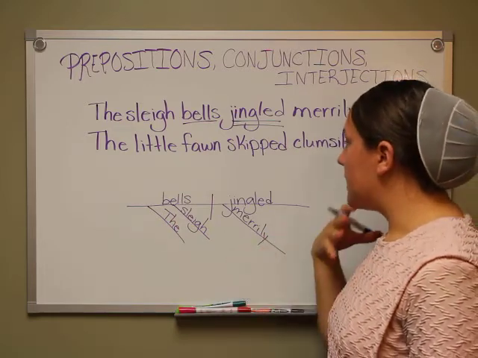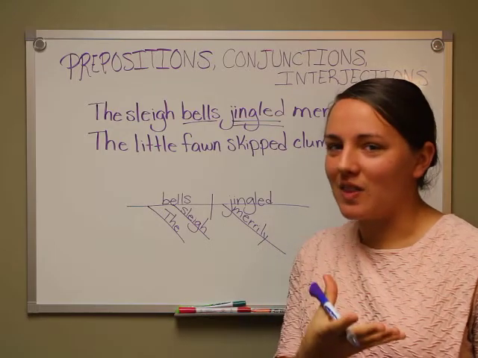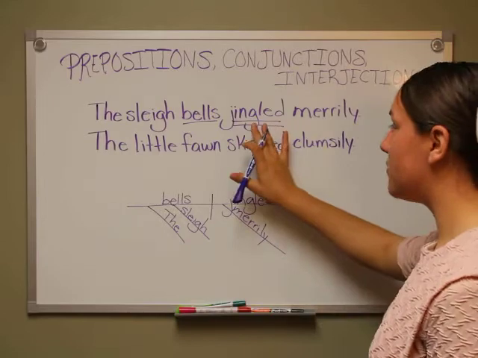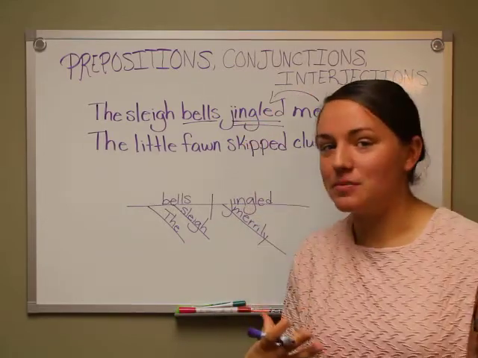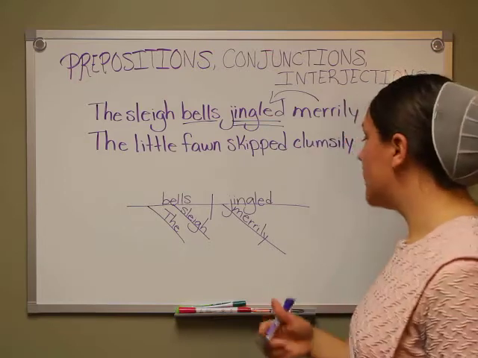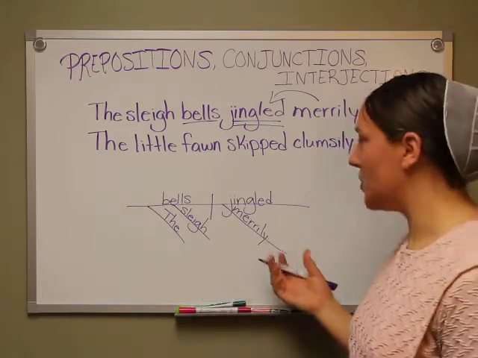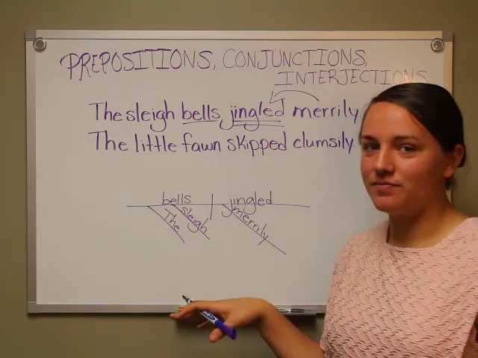Merrily is describing what? What was merrily? Jingled. Jingled merrily, okay? Jingled is a verb, so that means that merrily is an adverb describing our verb jingled. So you put merrily on a slanted line underneath jingled. This is how you should have your sentence diagrammed.